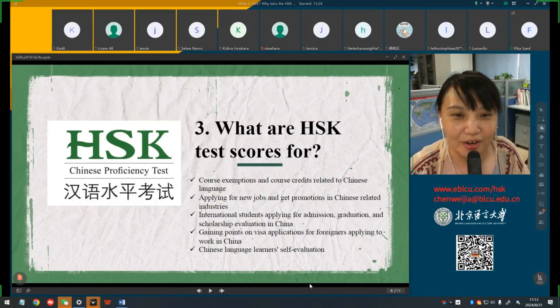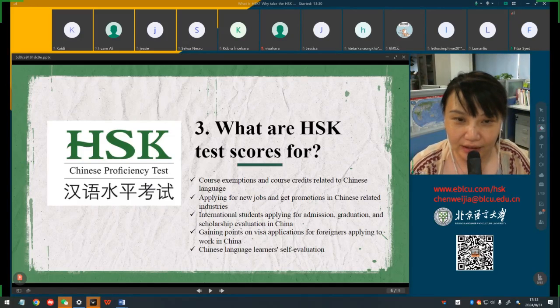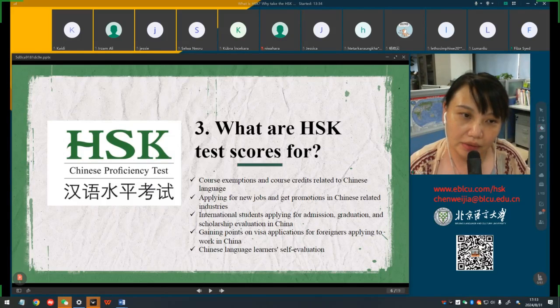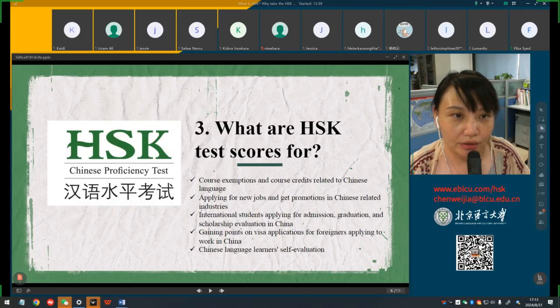Okay, and number 3, what are HSK test scores for? Of course, a lot of students get the HSK test score because they would like to apply for Chinese universities. I think that's what a lot of students are taking the HSK test for.